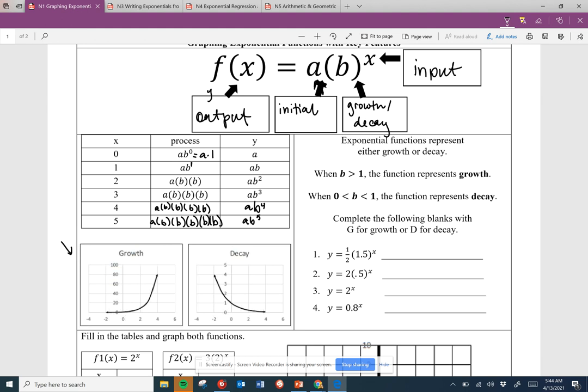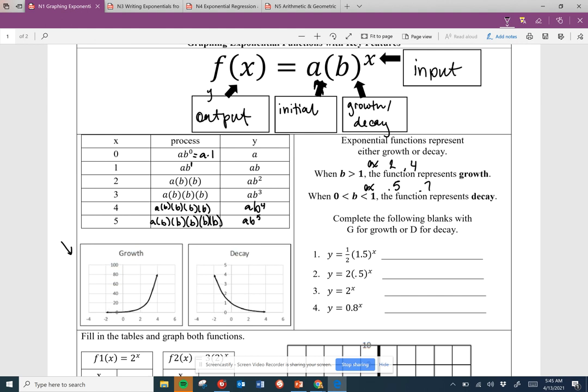We can tell if it's going to be a growth function if the b value is greater than 1. So for example, if the b value is 2, if it's 4, any numbers that are bigger than 1, it's going to be growth. If it's in between 0 and 1, so for example, if it's 0.5 or 0.7, those are going to be decay functions.